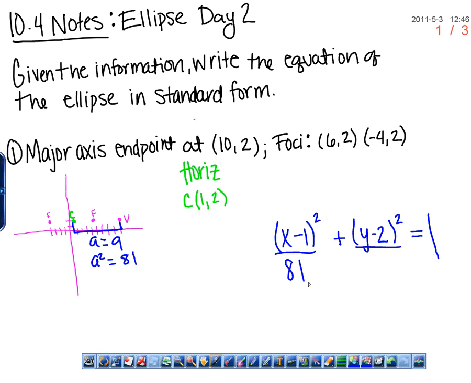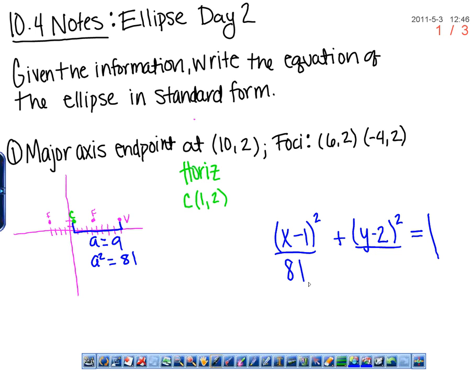What do I need to find now? B. I have to find B or B squared. Ideas. Okay, you're on the right track, but your wording's a little off.